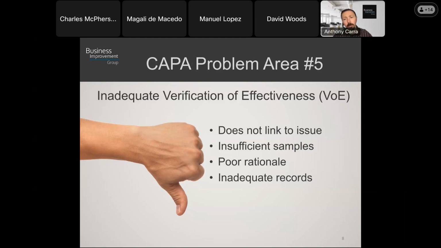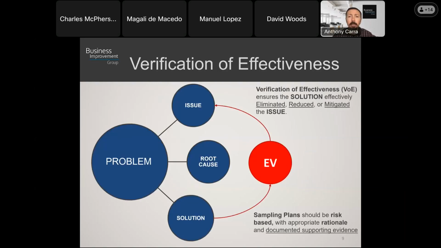So I'm not just going to be beating up the CAPA processes. I'm going to be highlighting that these are some of the problems that we're seeing, and some of the good things that we could be doing better to help alleviate that.